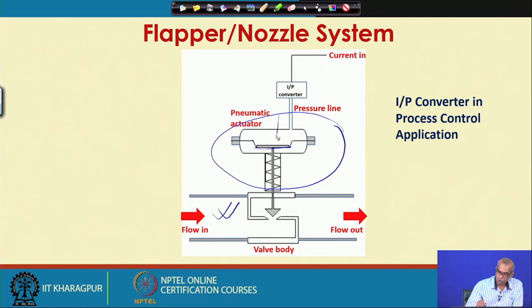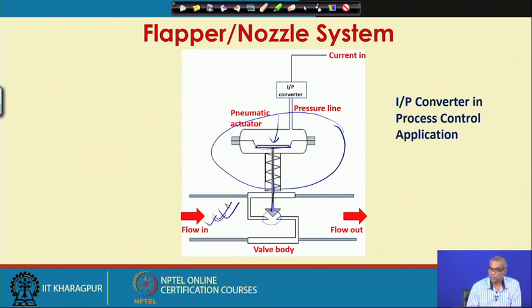So, if I apply more pressure, this valve plug is pushed down and this opening through which flow happens will be closed. So, by changing the gap between this plug and the valve seat, it is possible for me to have control over this flow.